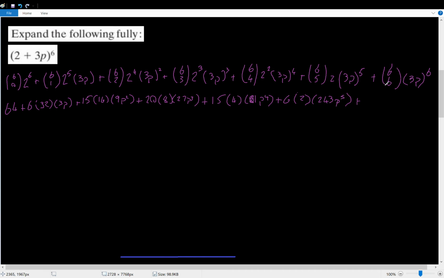And then plus 6 choose 6, which is just 1, so I need to write it in, times 3p all to the power 6, which is going to be 729p to the 6.